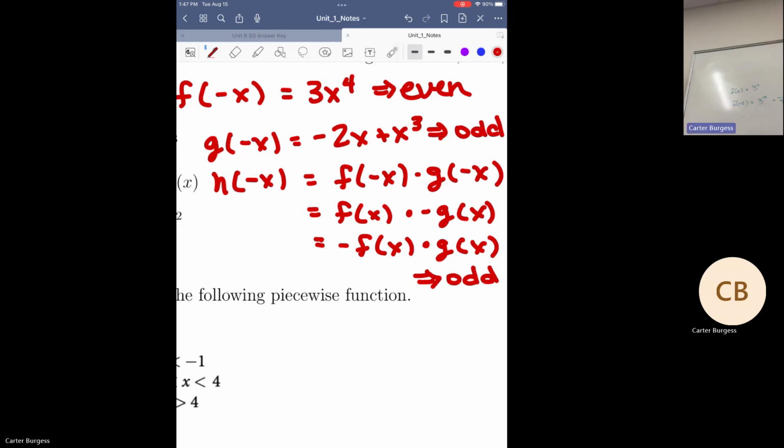So for instance, if I were to multiply two odd functions, what kind of function would I expect to get? Two odd functions multiplied together, you'd expect to get an even function, because it's like a negative times a negative, which would give you a positive.